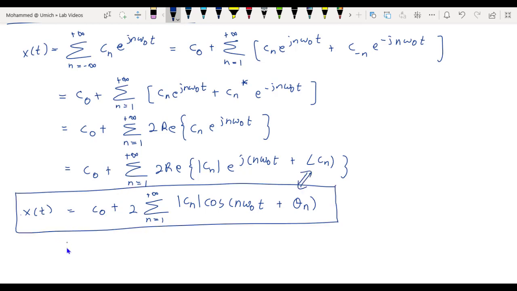And this here is known as the amplitude phase representation of the Fourier series.